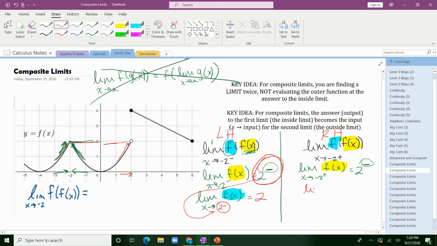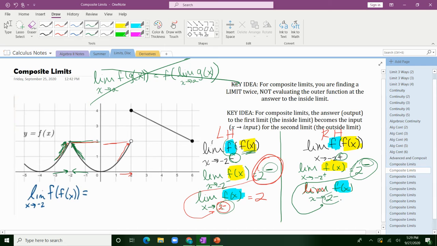Okay, let's see if I get the same thing here. I'm going to do the limit as x approaches, and first of all, this f of x is my outside one. And it's 2 minus; that was the output of the first one, and that becomes the input for the second one. So notice, even though the left and the right hand limits started differently, left and right, they ended up the same.